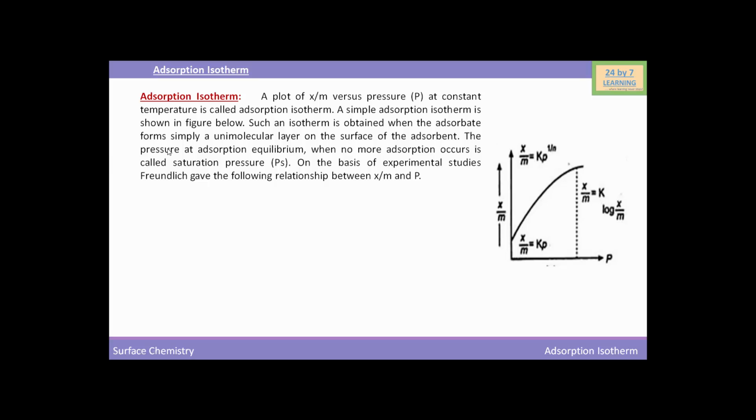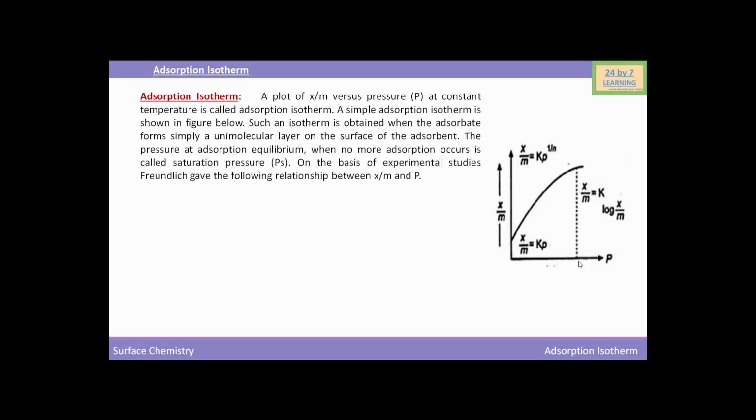The pressure at adsorption equilibrium, where no more adsorption occurs, is called saturation pressure, also called equilibrium pressure. If you see in this graph, extent of adsorption increases with increase in pressure, and at a point adsorption becomes maximum.